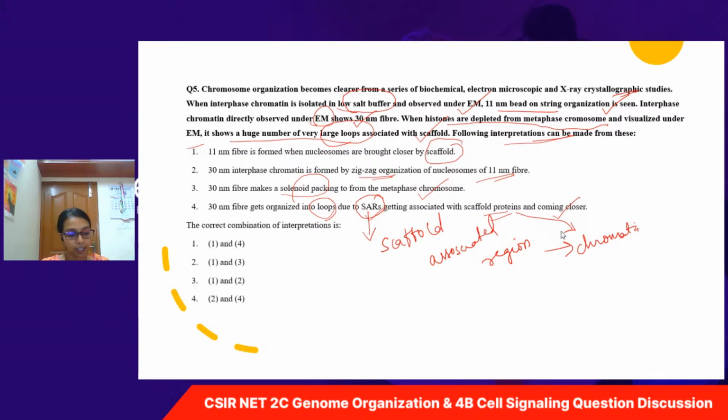Okay, so you have to identify the correct combination of interpretations here. Initially I had discussed with you the packaging and all, right? If you remember that, apply that concept here. Matrix associated region also we can say, that is, we call it MAR.